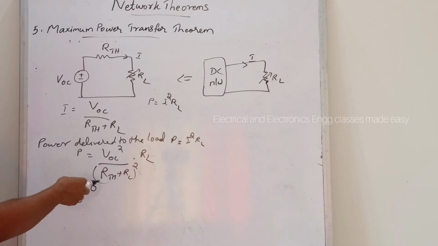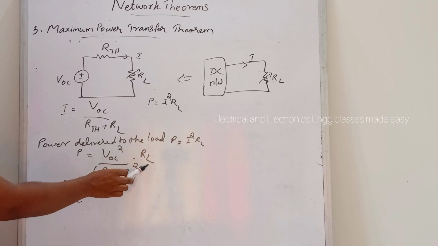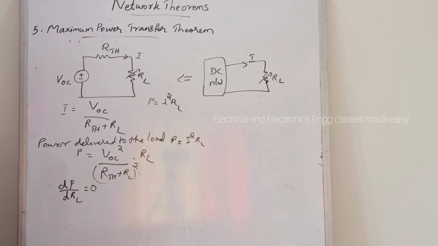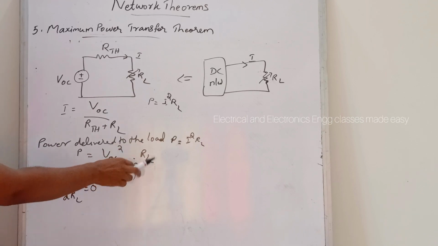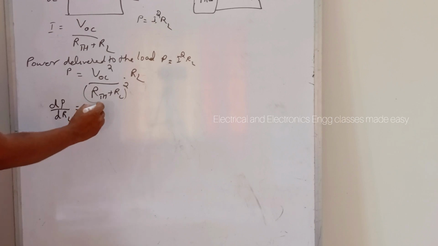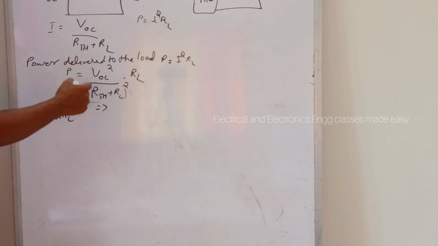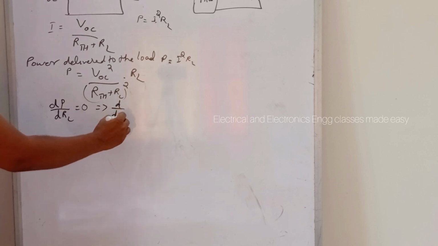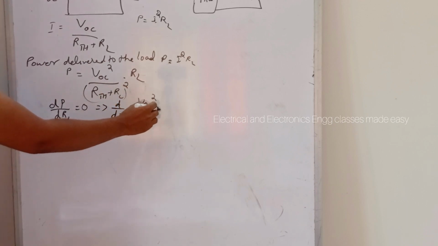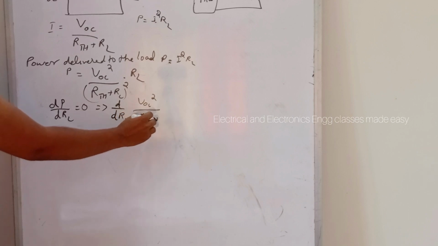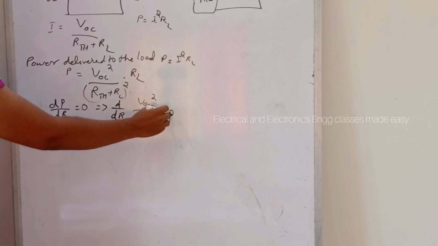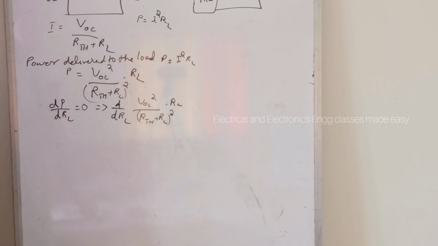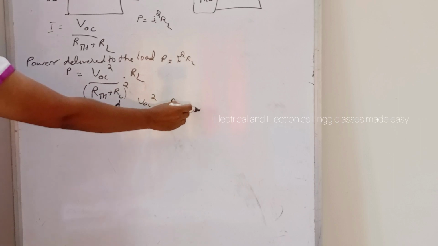So differentiate power with respect to the unknown resistance RL, equate to 0, and find the value of RL. Here we differentiate d by dRL of VOC square divided by RTH plus RL whole square, into RL. VOC is a constant.